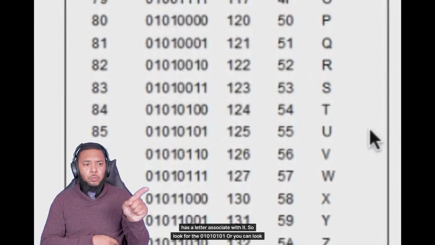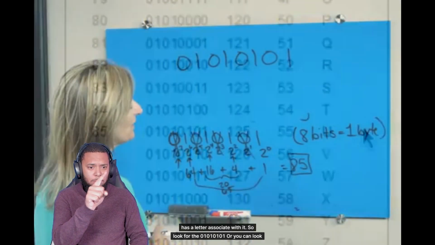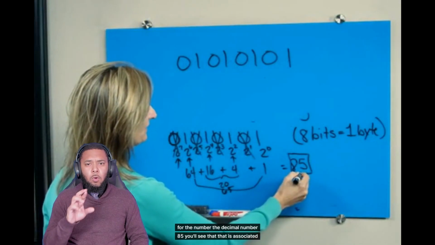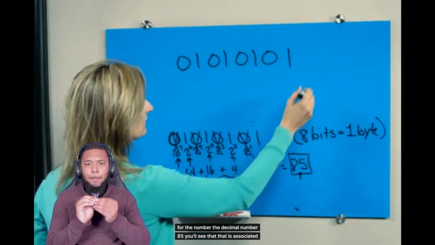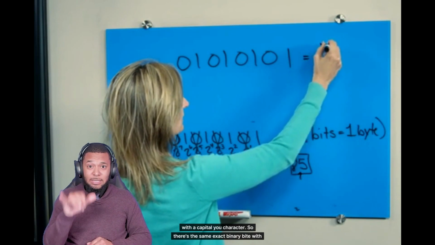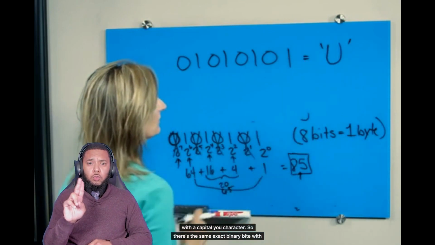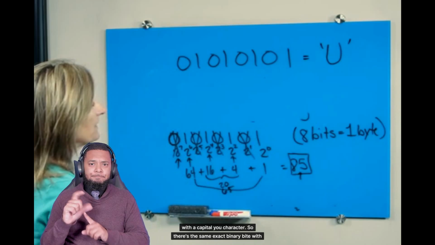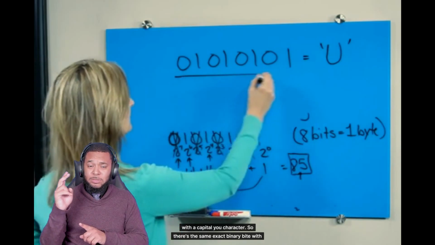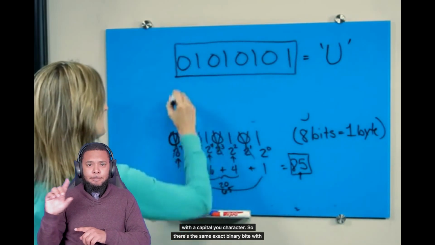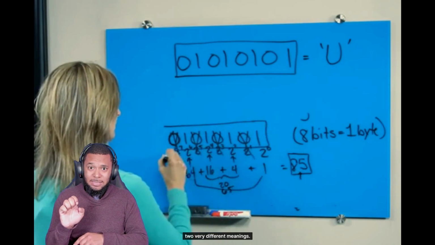So look for the 01010101, or you can look for the decimal number 85, and you'll see that that is associated with a capital U character. So there's the same exact binary byte with 2 very different meanings.